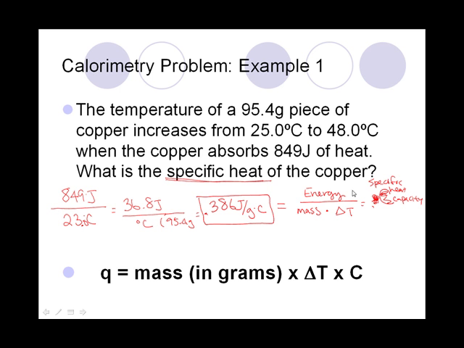And if I were to rewrite this, I could write it as energy, expressed as Q, divided by the mass, expressed as the letter M, and the change in temperature, which is expressed as delta T, is equal to the specific heat capacity, which is my C. And if I were to rewrite this in one line, I could say Q is equal to C times the mass times the delta T, which means that the amount of energy released or absorbed is equal to the specific heat capacity of that substance times the mass of the substance times the temperature change of the substance.